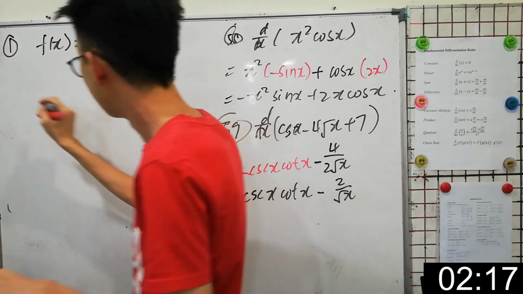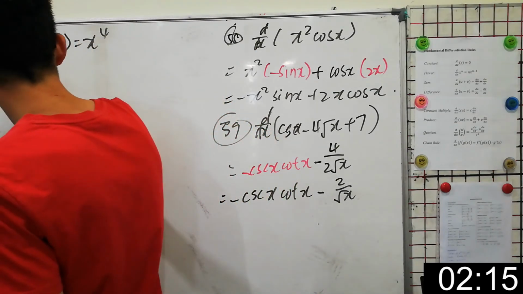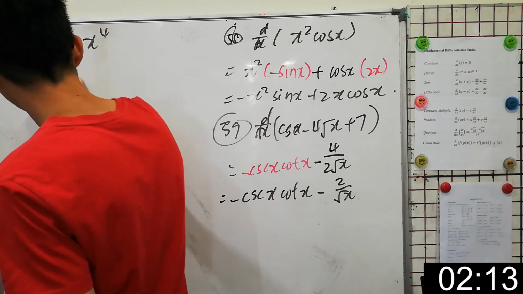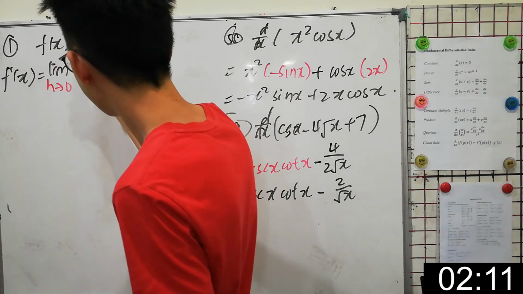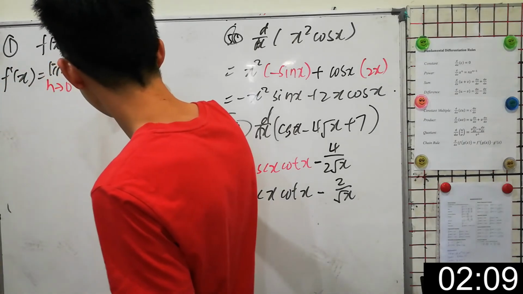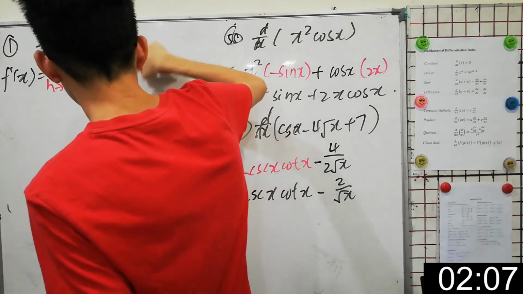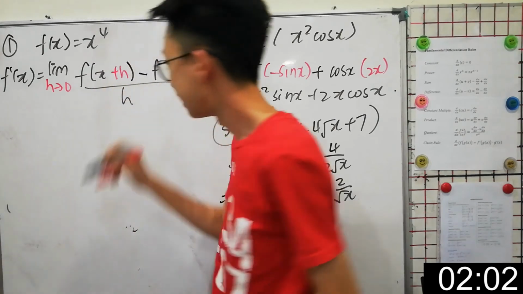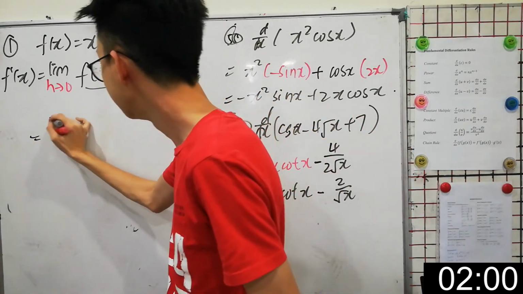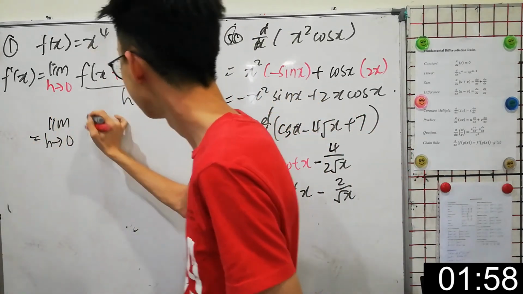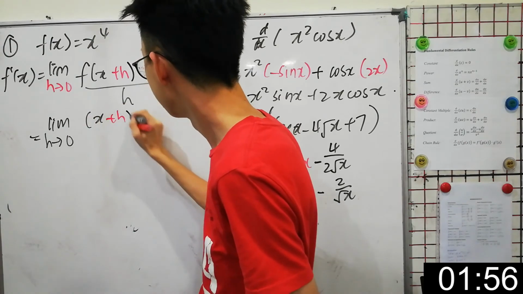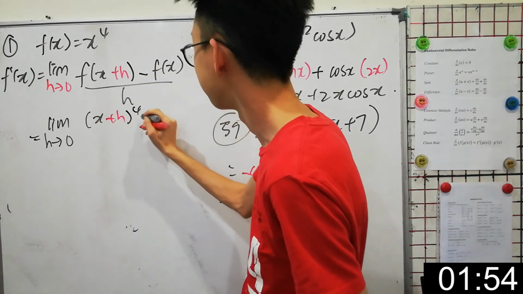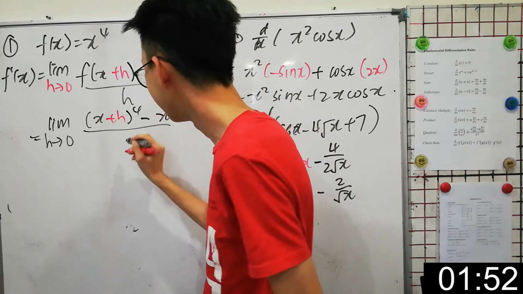By definition, this will be the limit as h approaches 0 of f(x plus h) minus f(x) over h. So it will be the limit as h approaches 0 of x plus h raised to the 4th power, which is a binomial expansion, over h.